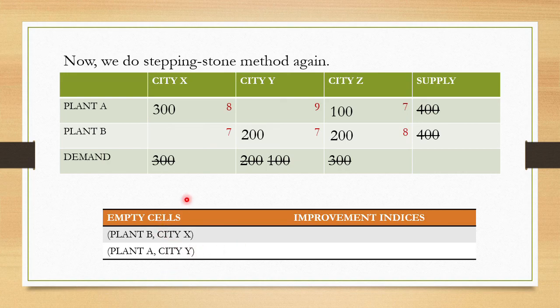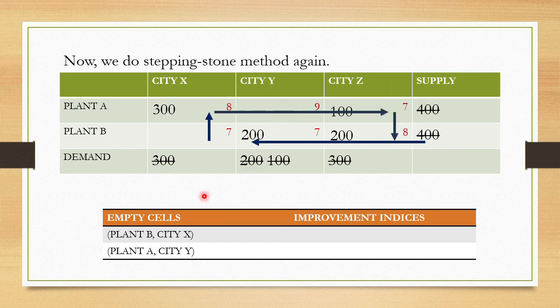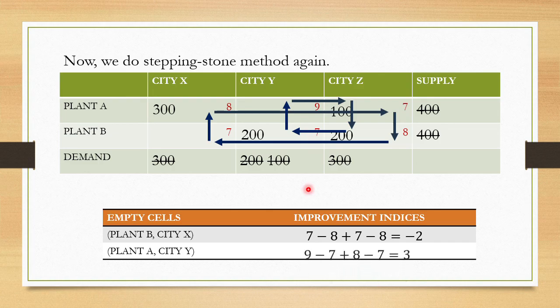For plant B, city X, the improvement index is 7 minus 8 plus 7 minus 8, you get negative 2. For plant A, city Y, we have this closed polygonal path, and computing the improvement index, we have 9 minus 7 plus 8 minus 7, you get positive 3.